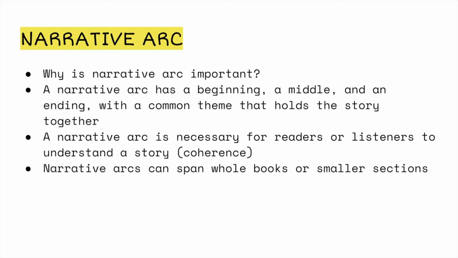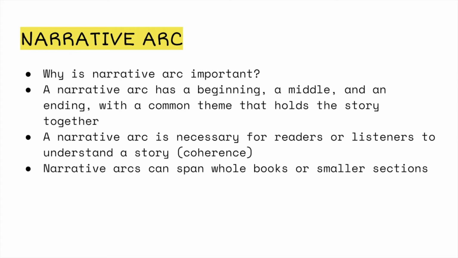A narrative arc is necessary for readers or listeners to understand a story, and the term that is used to describe understanding a story is called coherence, right? So coherence is important because it offers a way to reflect or make meaning of the story.